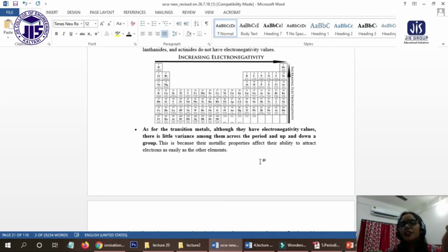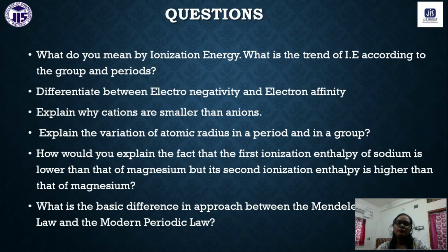For both cases, the electronegativity and electron affinity will increase towards the right side due to the size effect. And if we go from bottom to up along the group, again the electronegativity and electron affinity will increase.